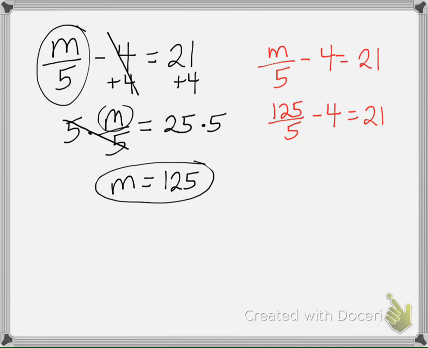Order of operations says we do division first, so 125 divided by 5 is 25. And then 25 minus 4 is 21. So both sides come out to equal 21, which tells me that my solution 125 is correct.